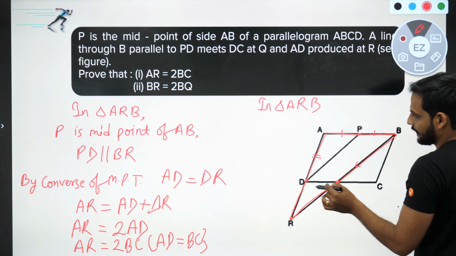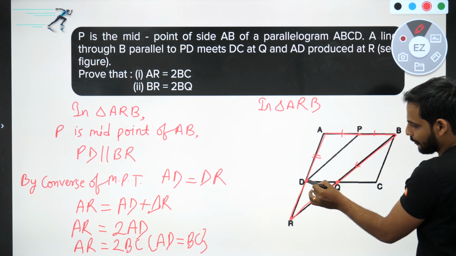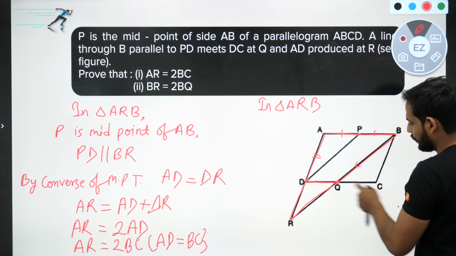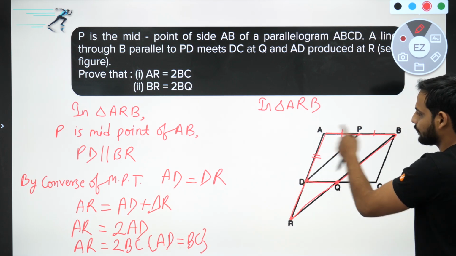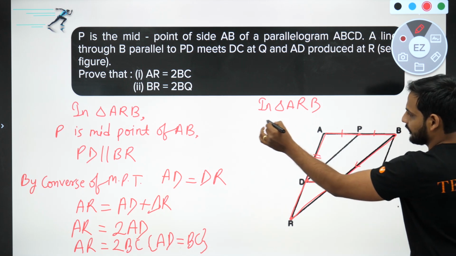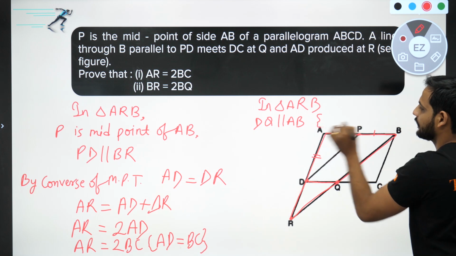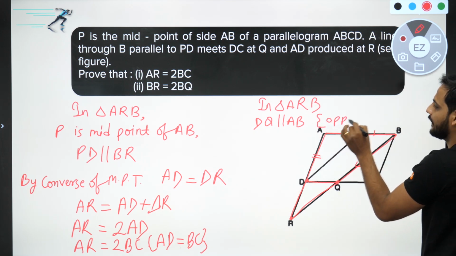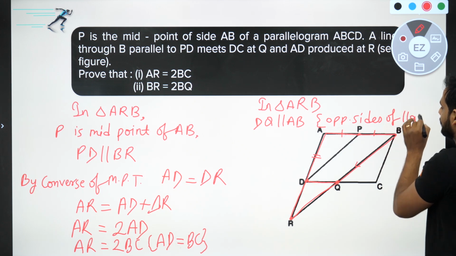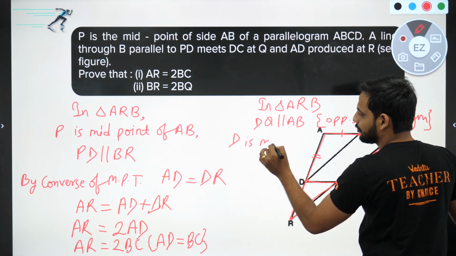But now focus here. I already know that D is the midpoint. So from the midpoint, if I draw a line, and since CD is parallel to AB, as it is a parallelogram, DQ will also be parallel to AB, because they are opposite sides of a parallelogram. And I know D is the midpoint from the first proof.